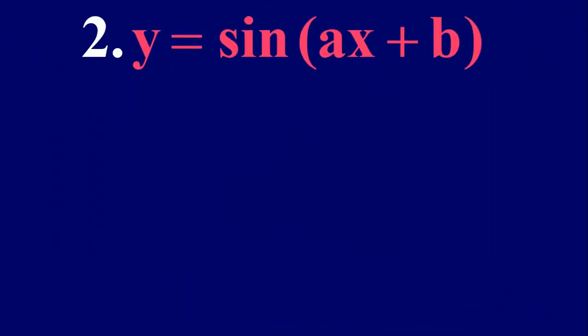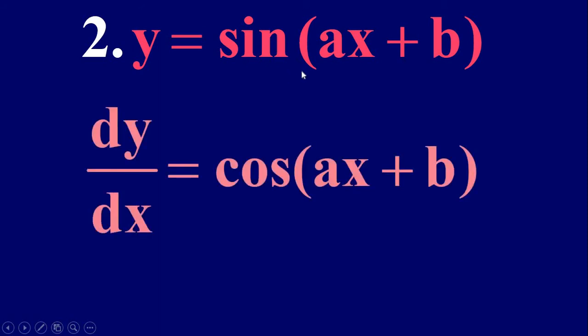So next problem. y equal to sine of ax plus b. It is of the form sine x. Now here it is not x. We have to use the sine x formula. Sine x differentiation is cos x. So sine of ax plus b differentiation is cos of ax plus b, but it is not x here. In place of x we have ax plus b. So differentiate ax plus b again.